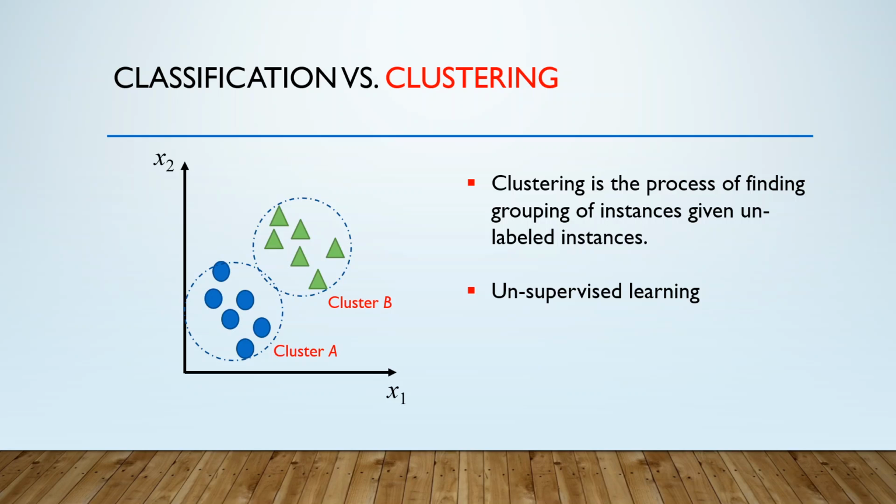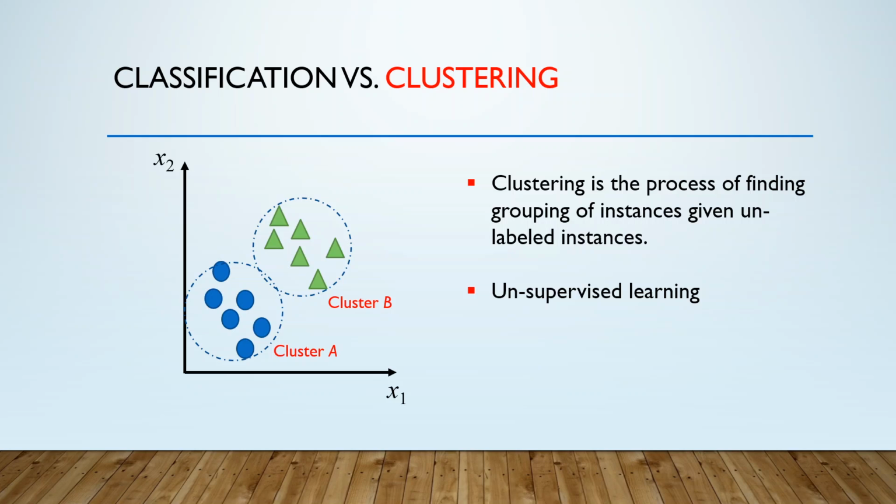But while doing the grouping process, you do not know the labeling of each instance. You don't know which cluster a particular instance belongs to. That information is unknown to you.